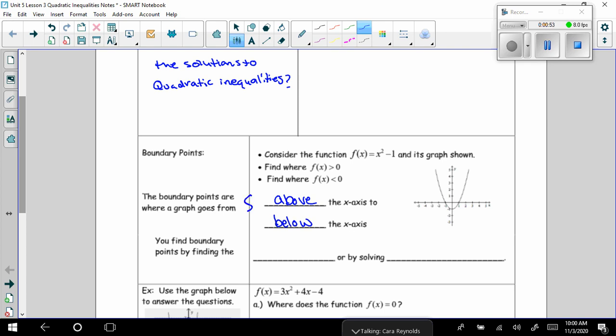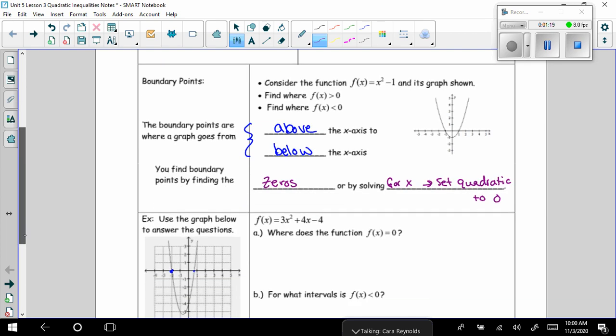So we find those boundary points where it's jumping back and forth. You find the boundary points by finding the zeros, or by solving for x. So set the quadratic to 0 and solve, and you'll know where those 0 values are.